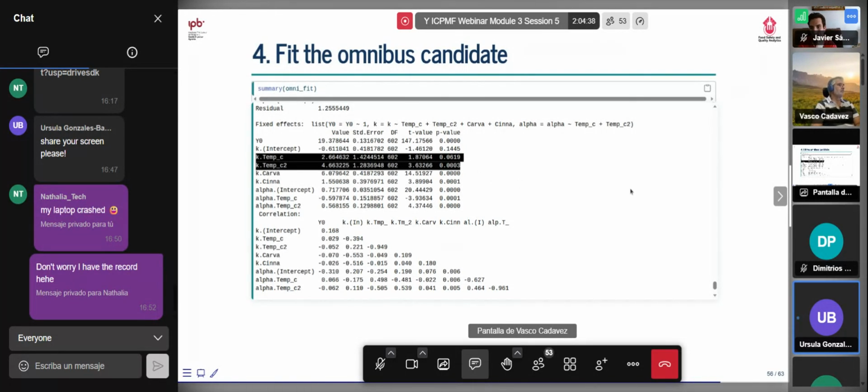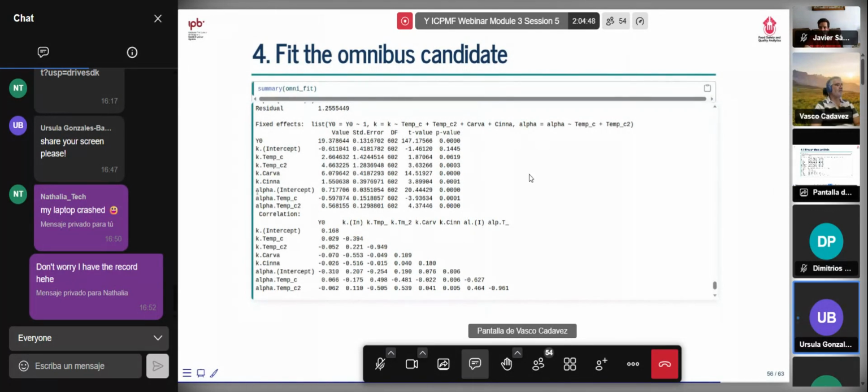But for alpha you do need the intercept. So for alpha you have alpha equal beta 0 plus beta 1 temperature plus beta 2 temperature squared, because all of them are significant.